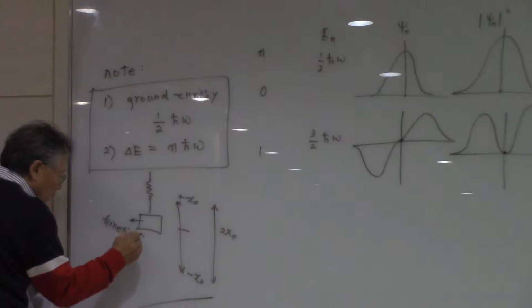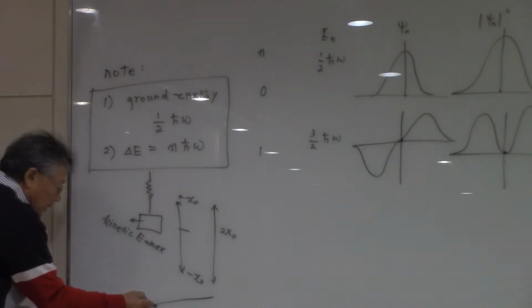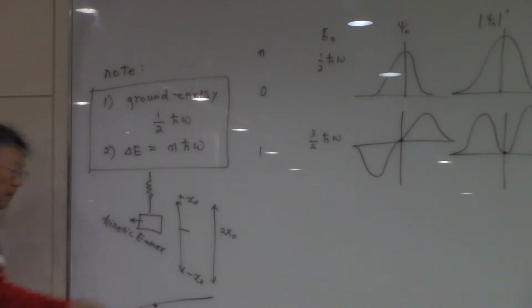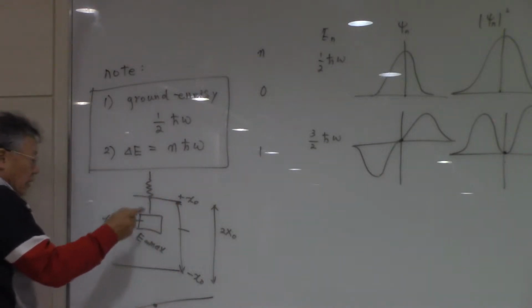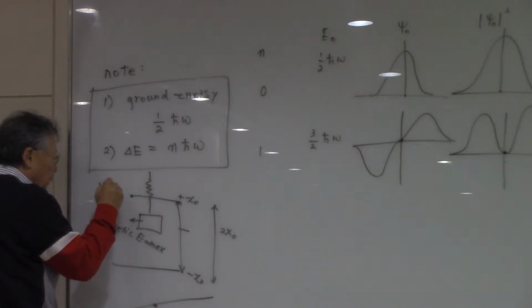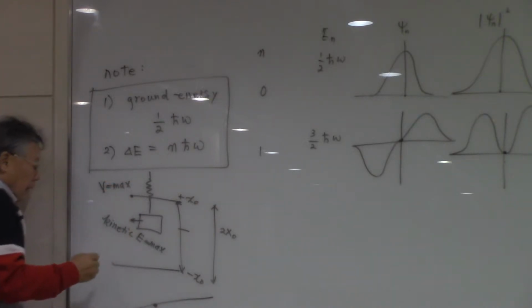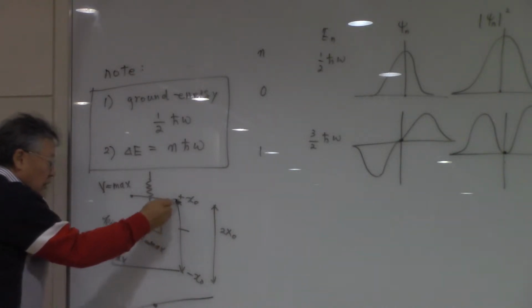So there is a very little chance to find a particle at the center. But at the edges of the oscillation, the potential energy is maximum, right? Which means this oscillator just stays there.